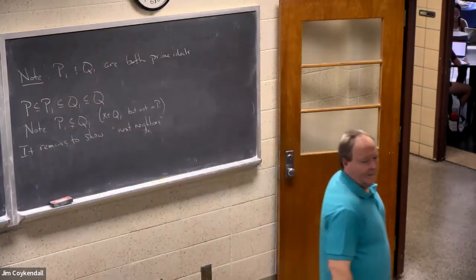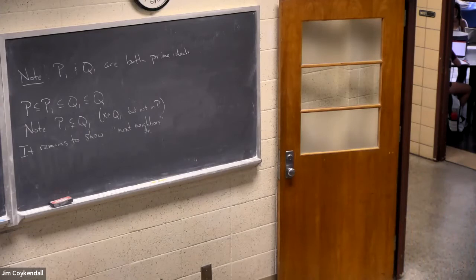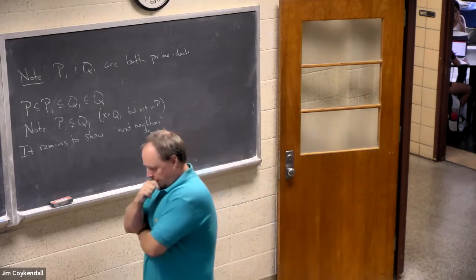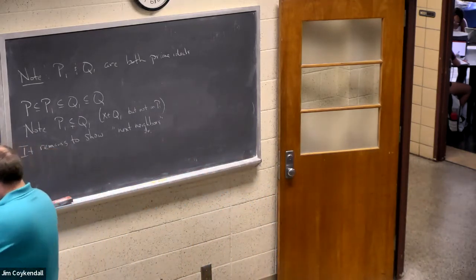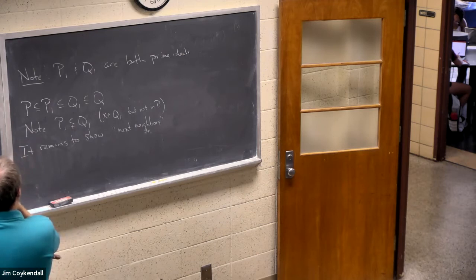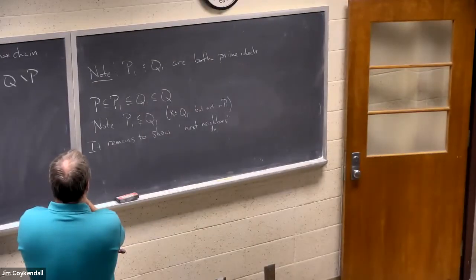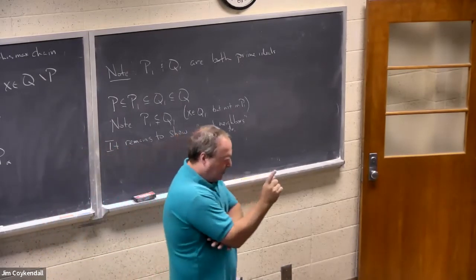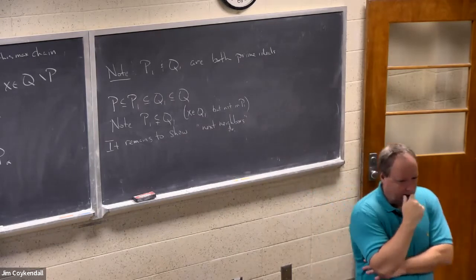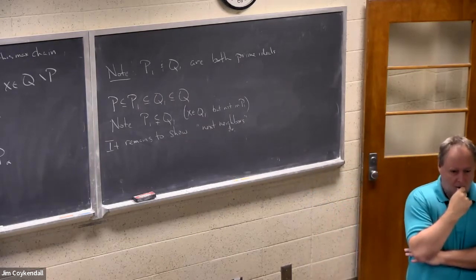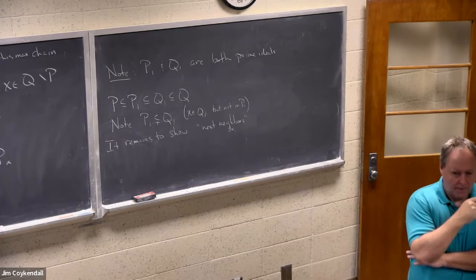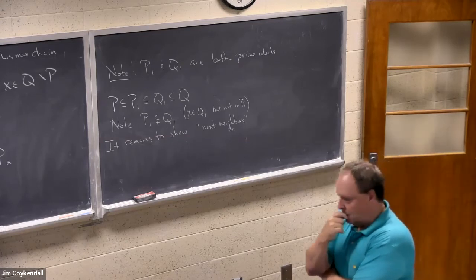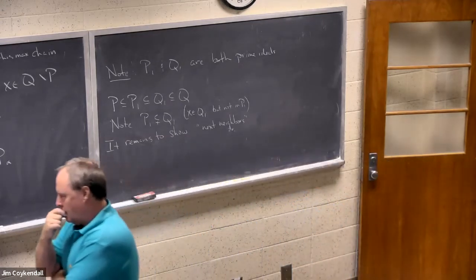Yes. Looking at a ring that has only countably many ideals, can we just say that the theorem holds for any Q1 between P and Q? You can just pick an arbitrary Q1 and there will be a P1 that satisfies this. Okay, so run that by me. So you're assuming you've got countably many ideals. Then is it true that you have ideals P and Q that for any ideal contained between P and Q, call it Q1, that there exists a P1 such that this theorem holds?